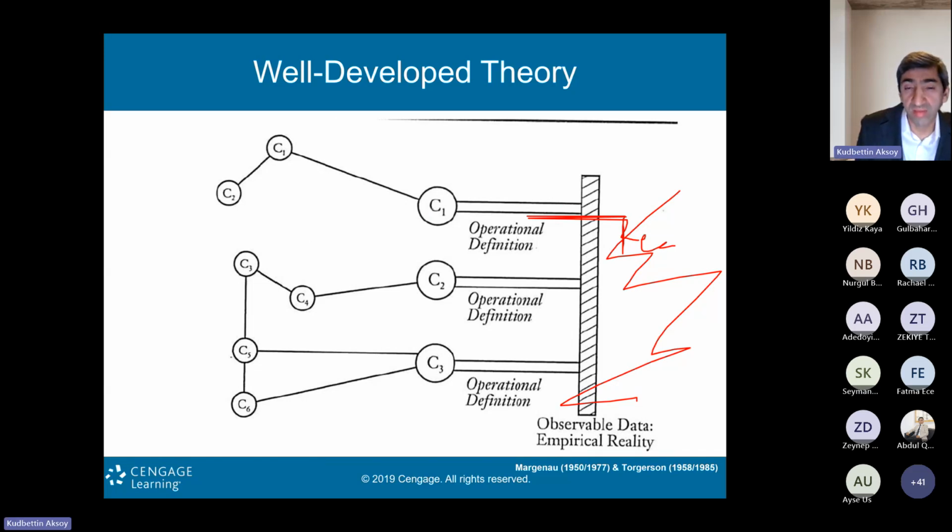Here you have concepts, C1, C2, C3. It could be mass, velocity, acceleration, cell, DNA, things that you could somehow observe directly. And these are connected to real life with operational definitions in a strong way, and then they are connected to each other also. This is not in your text. It's a research classic book.